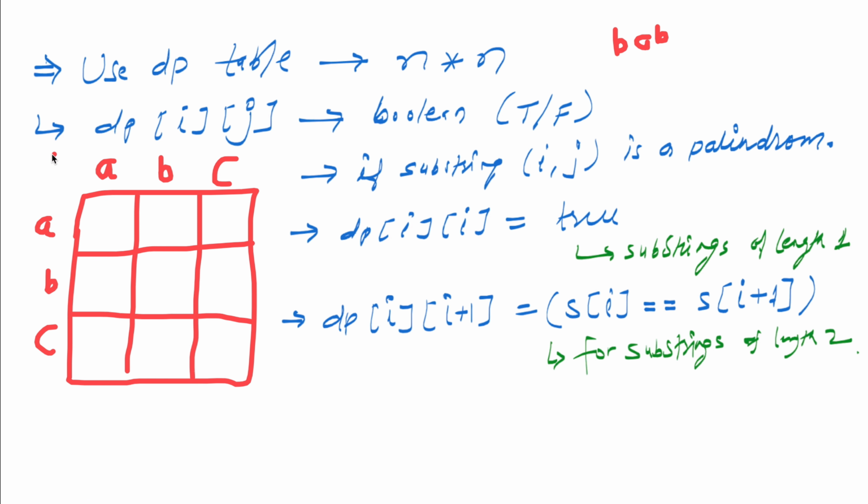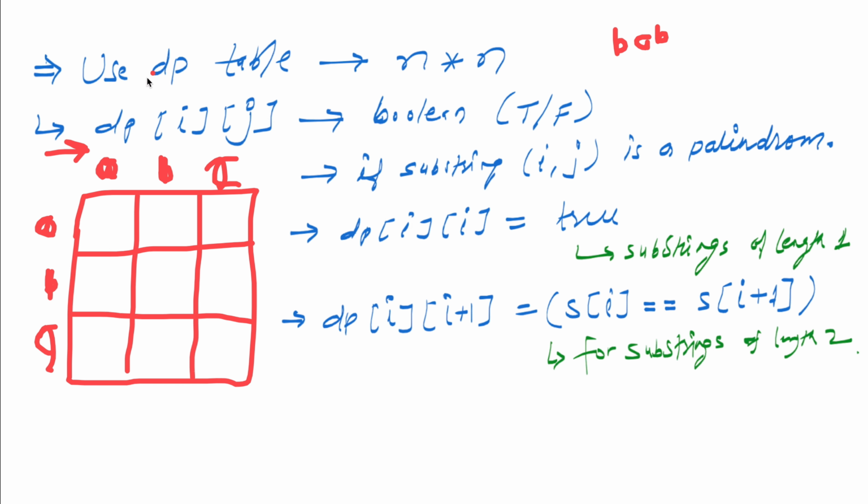If this is your I, it becomes 0, 1 and 2. We can say this is 0, this is 1 and this is 2, if we are talking about I and J. So how many cells will be there? You can see 3 into 3 is 9 cells. So we have to define it like this.